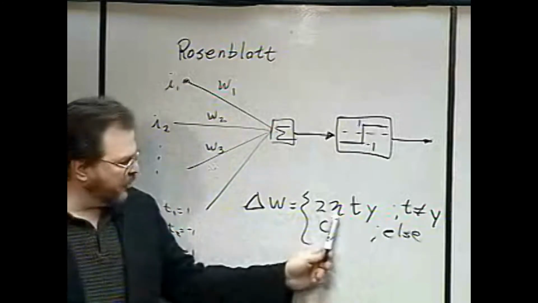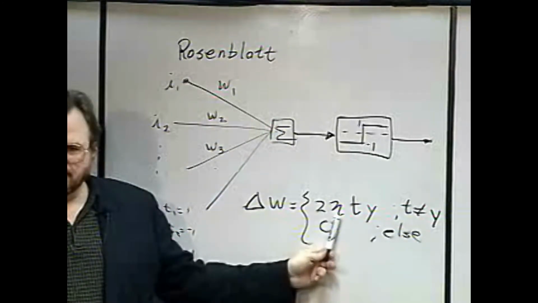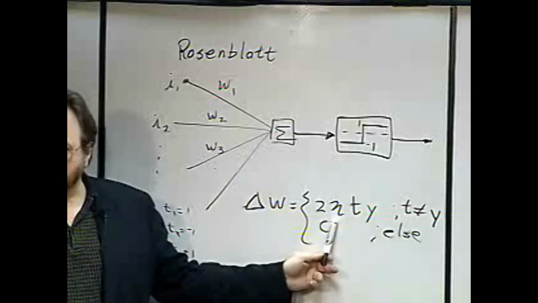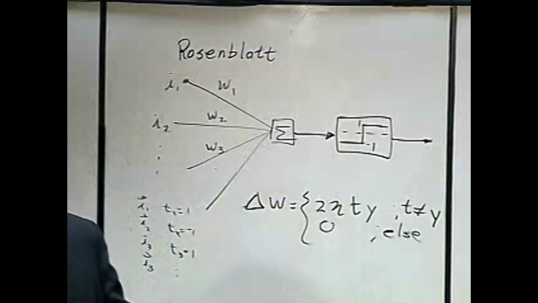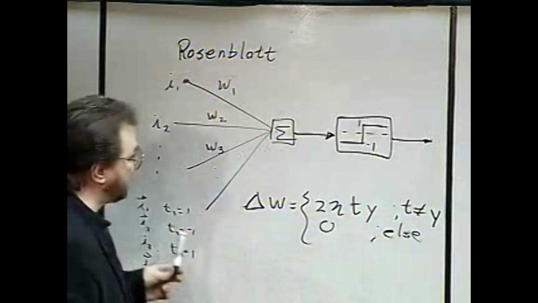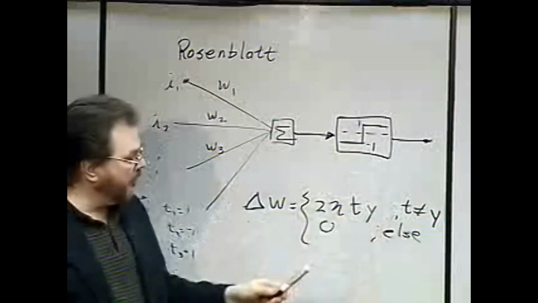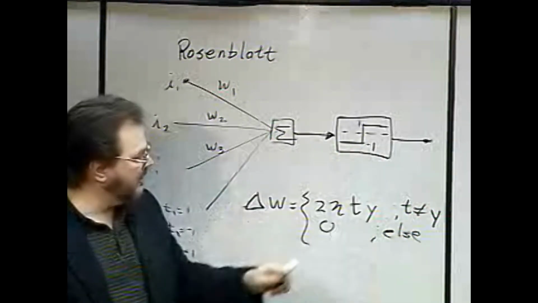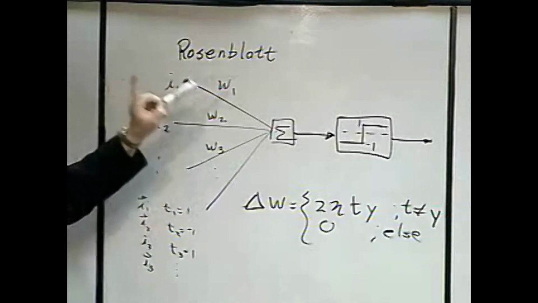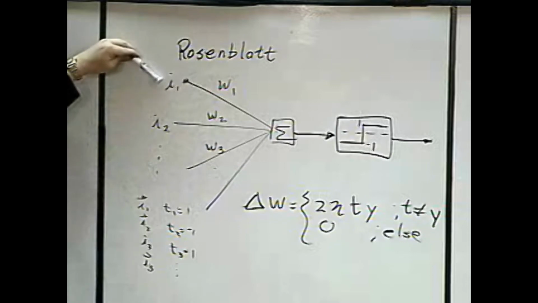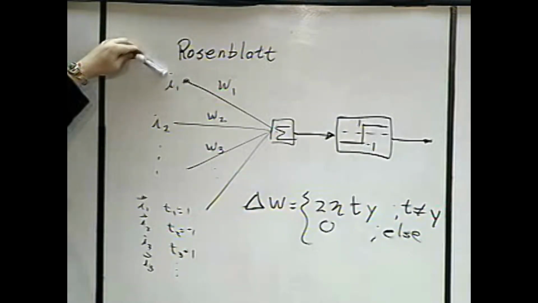Now, eta is a parameter which is part of the training procedure and is referred to as the step size. It is the amount that the weight is adjusted, okay? And so the concept, again, is if the output is 1 and it should be a -1, the weights are correspondingly reduced, but you don't want to reduce the weights if the input is negative, right?